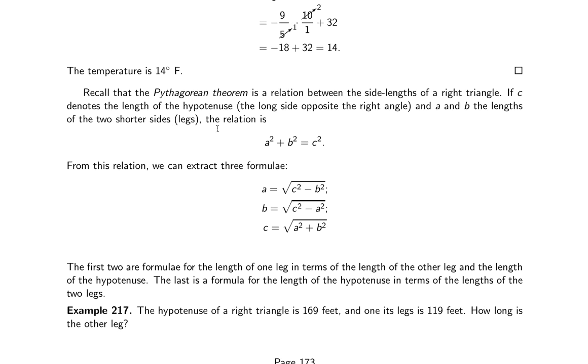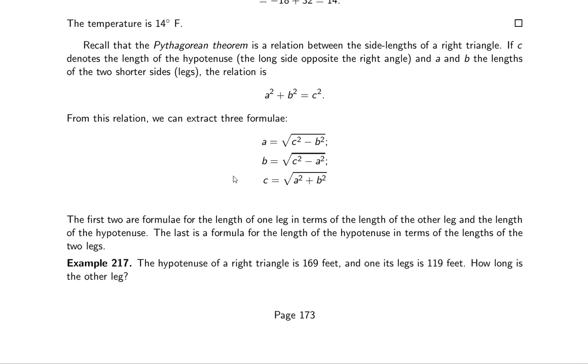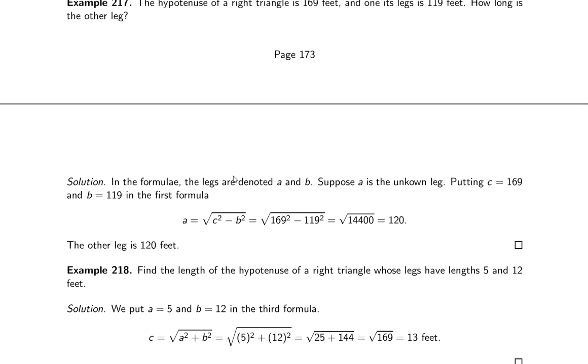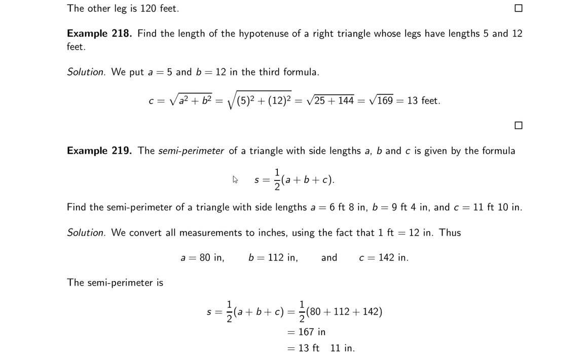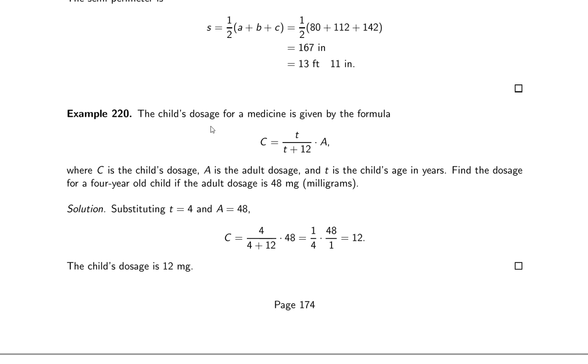Okay, we'll come back to the Pythagorean theorem in the next section. More triangles. Let's do this last example. Okay, so a medical example. The child's dosage for medicine is given by this formula.